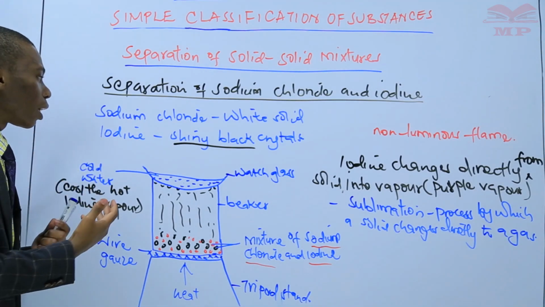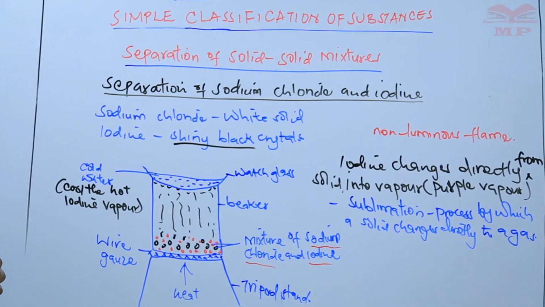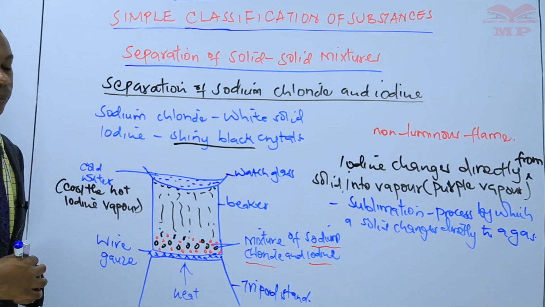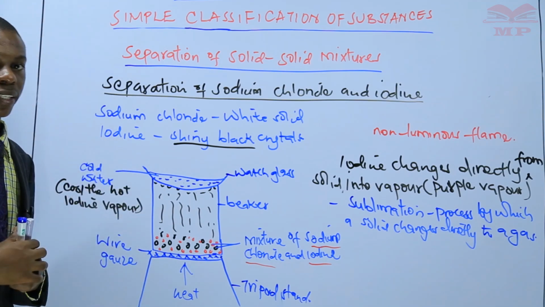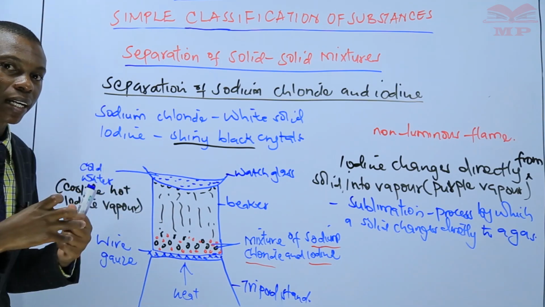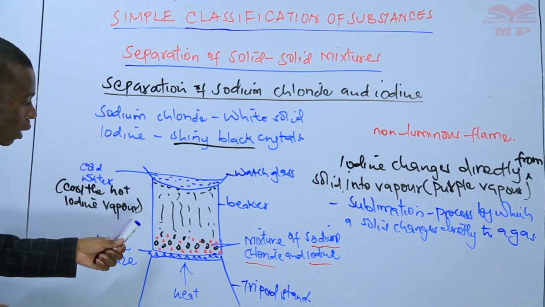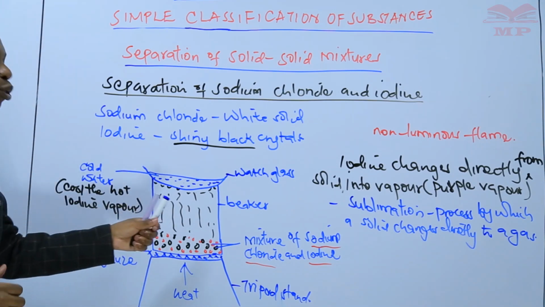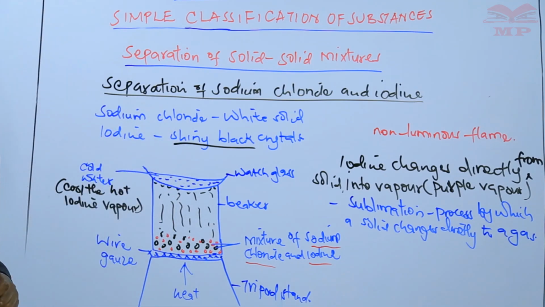Then after you have poured the water on the watch glass and allowed it to cool, this gas has solidified, or turned back into a solid. And that's why iodine vapor is now cooling into the shiny black crystals once again.